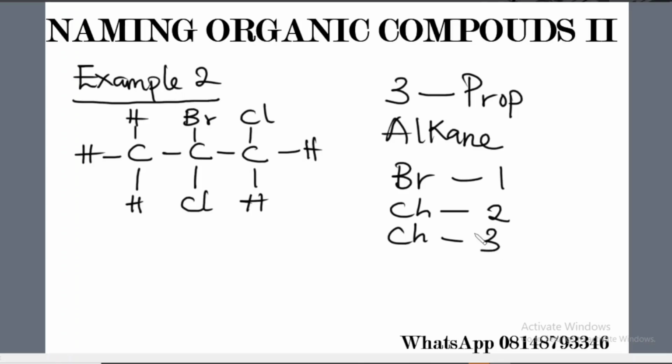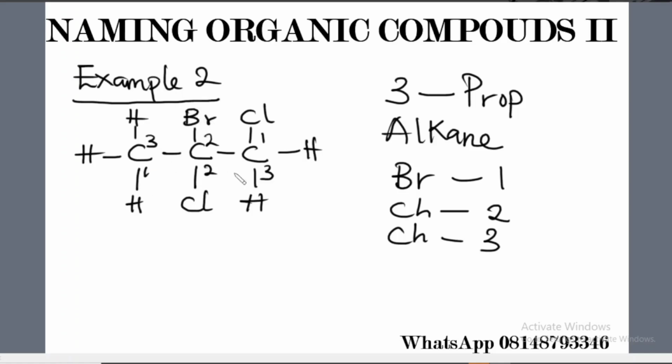So let's number the structure from left to right and from right to left. We have 1, 2, 3, and then 1, 2, 3. Since B comes before C and B is 1, our priority or our focus is on bromine.